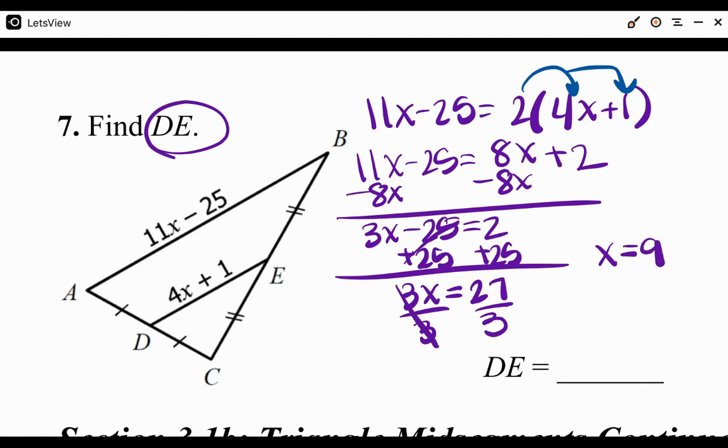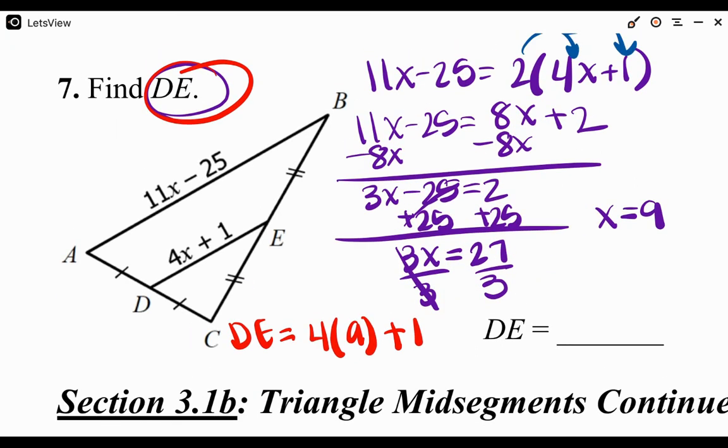But we're not done because we wanted DE. So DE is equal to 4 times 9 plus 1. 4 times 9 is going to give us 36, so 36 plus 1. DE is 37. So this length ended up being 37.